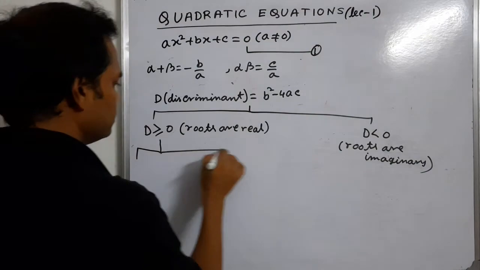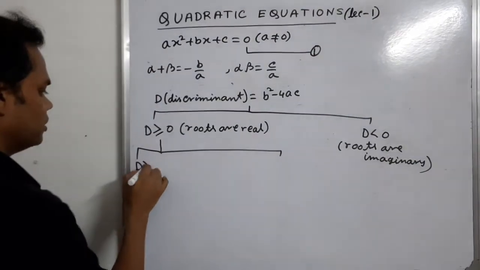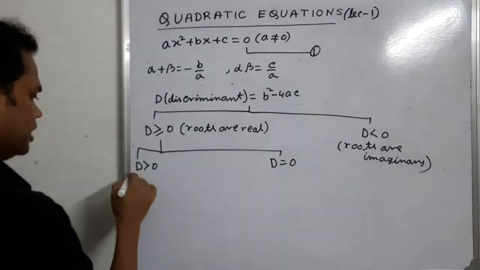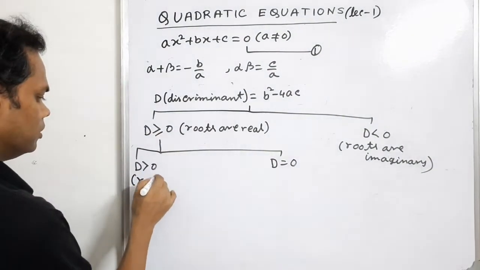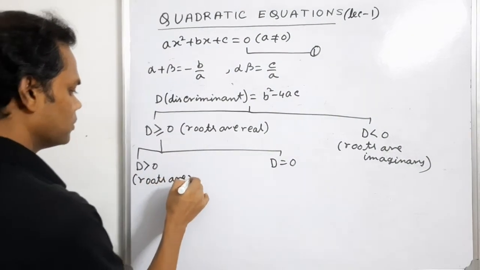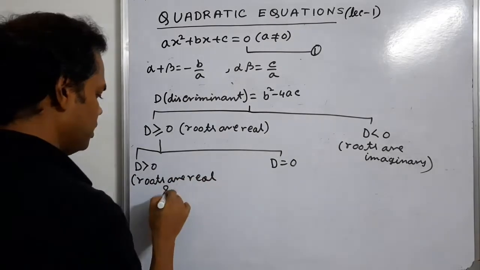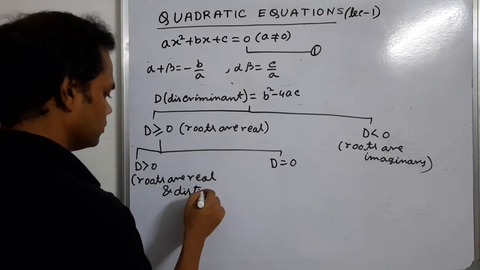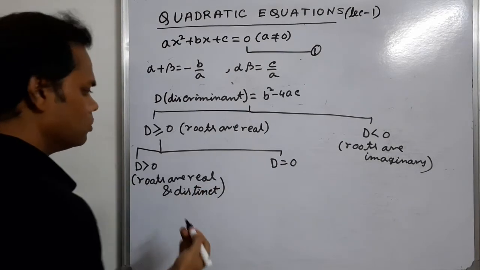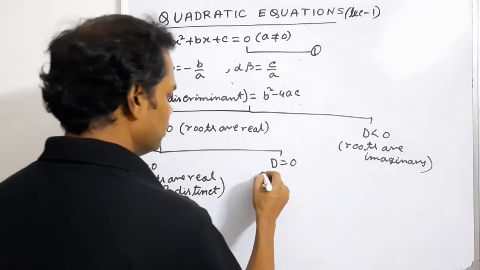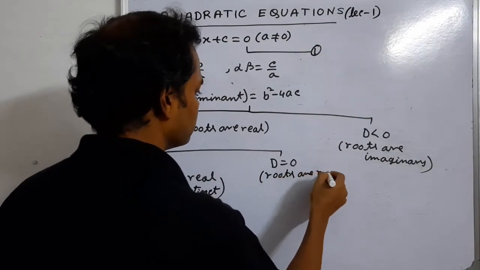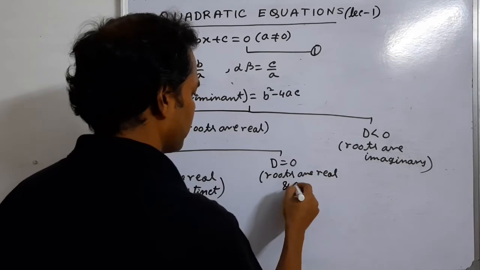There are also two cases, d greater than 0 and d equal to 0. If d is greater than 0, then roots are real and distinct, meaning roots are unequal. If d is equal to 0, then roots are real and equal.